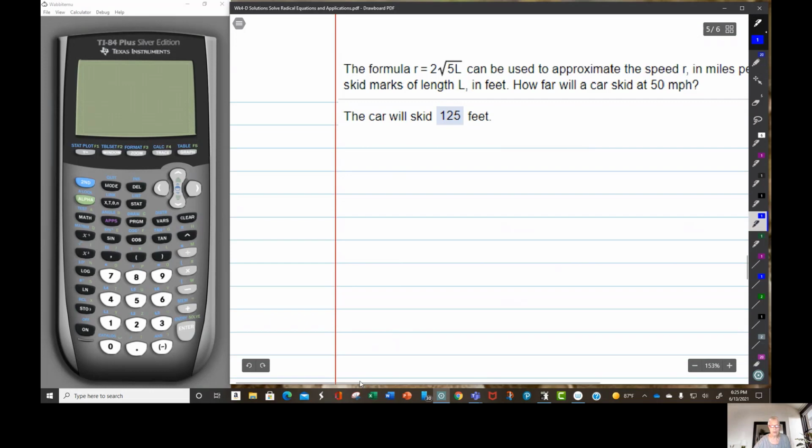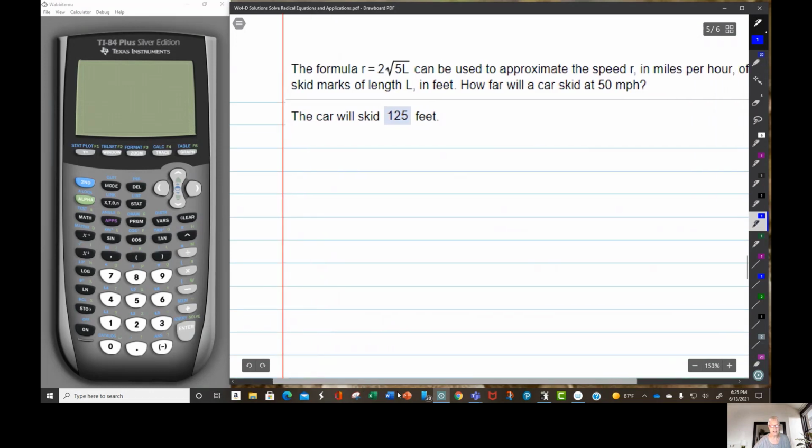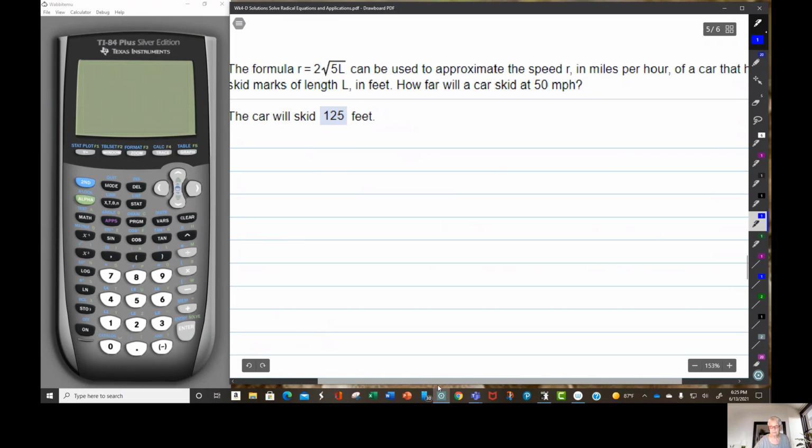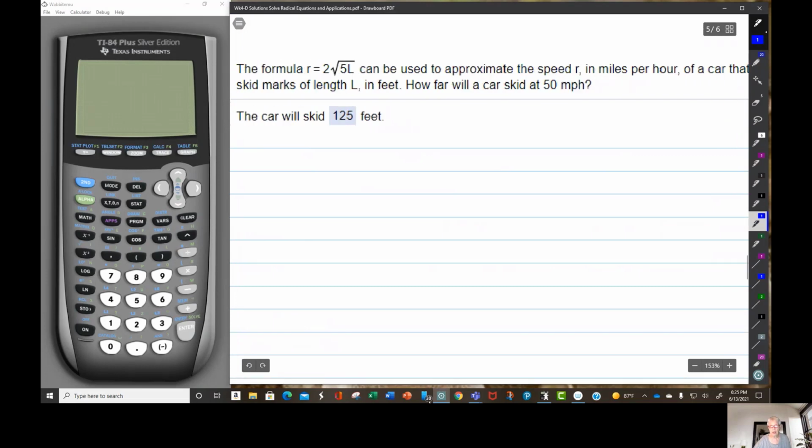Aha, and now here we are. We've got a couple of word problems. Applications. This formula right here is used by the police to find out if a wreck is your fault.